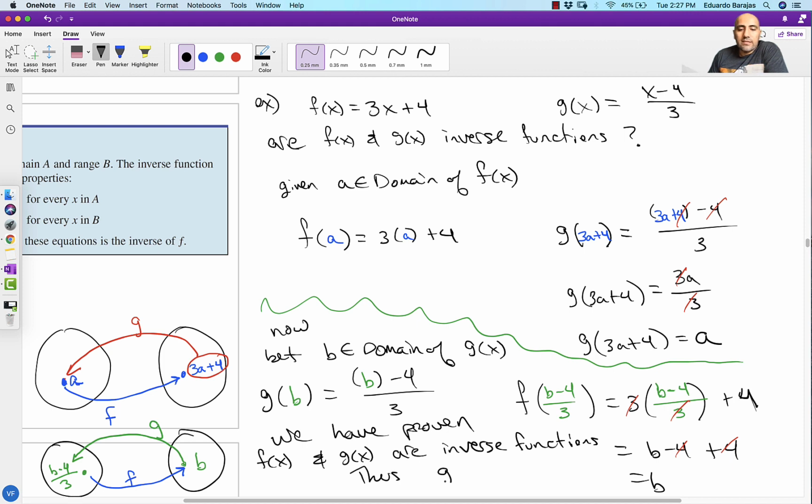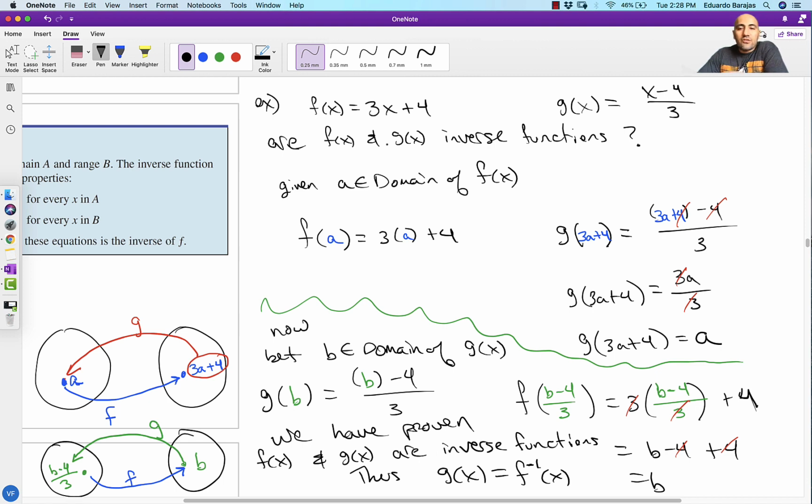Thus, we can say that g of x is actually the same as f inverse, just the notation style we adopt to let people know that g and f are inverses of each other. Otherwise, how would people know, right? If we just have f of x and g of x, people might not know that they're inverses of each other. Okay?